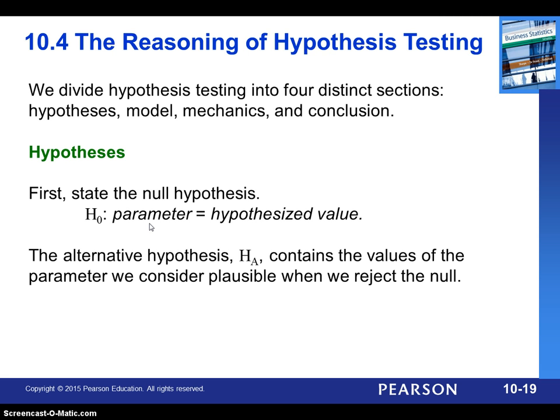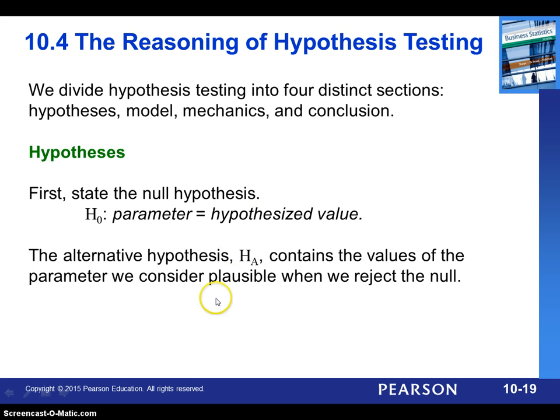Well, the market can almost be seen like a coin flip: 50% of the time it could be up, so things are valued highly, or 50% of the time they could be down, things are devaluing. So our going-in assumption is that the stock market is like a coin flip, and that the parameter p, the proportion of days that are up, is equal to 50%. So half the time it's up, half the time it's down.